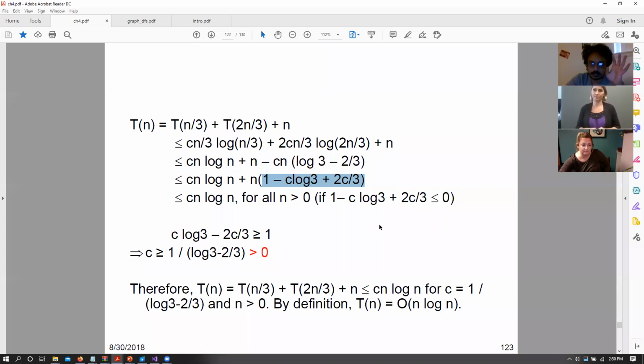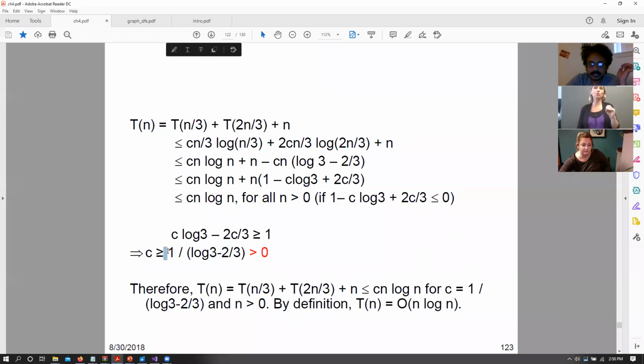So we have to say C log 3 minus 2C/3 is greater than 1. From there, we find the value of C: 1 divided by (log 3 minus 2/3).